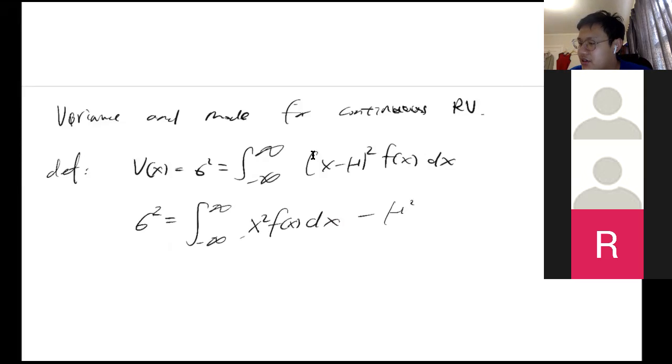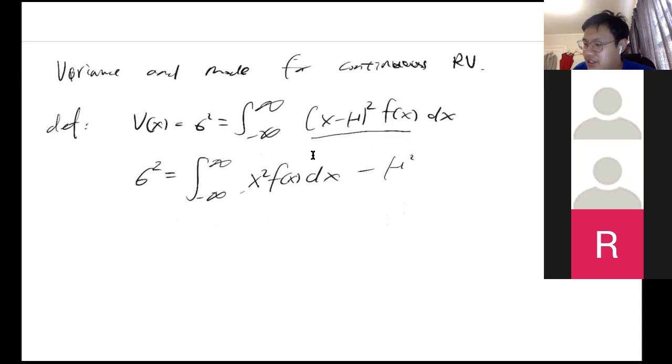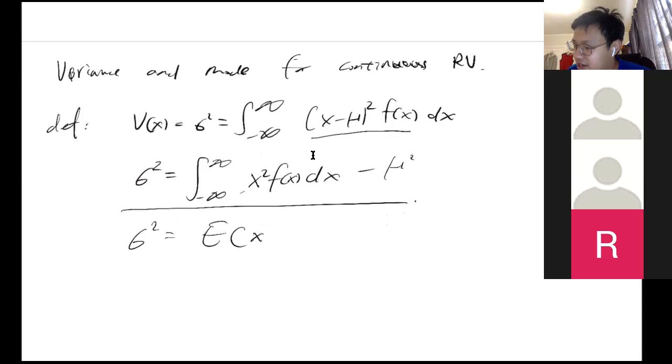There's a proof for that: you just expand the parentheses out, you get a minus 2 mu squared and plus mu squared, and you get only minus 1 mu squared. But don't be intimidated by this equation, because it is essentially saying that the variance is equal to the expectation of x squared minus the expectation of x, the whole thing squared.